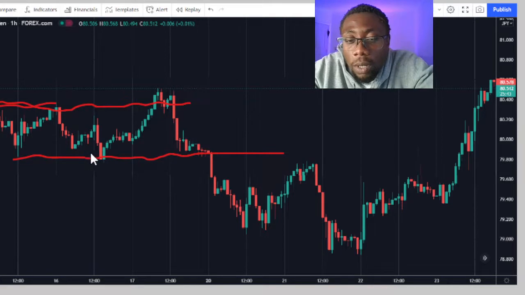We marked our levels right here as a low, and then we see a high right here. Price did not respect that level, so we did not take any trades off this level as far as a new uptrend starting. But we definitely see that price dipped back down, and that was just a simple fake out, and those happen.